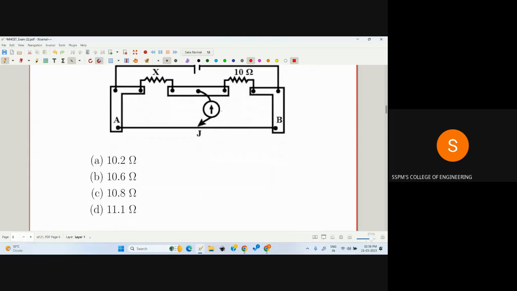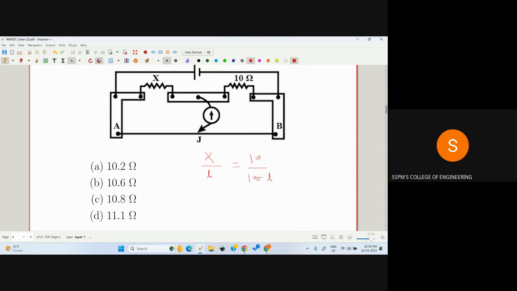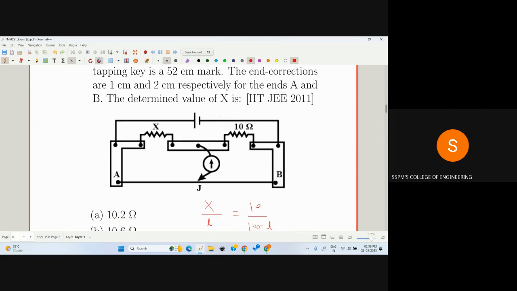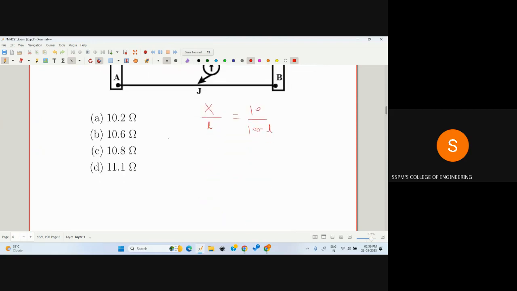Very simple. Actually, you know the condition for a balanced bridge. X divided by L, where L is the location of the null, is equal to 10 divided by 100 minus L. But the corrections are given, 1 centimeter and 2 centimeter respectively for the left hand and right hand ends. You can modify this condition.